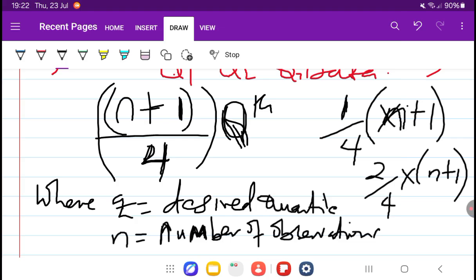If I need the third quartile, it will be 3 out of 4 times n plus 1. So that's what we have as far as getting those quartiles are concerned.